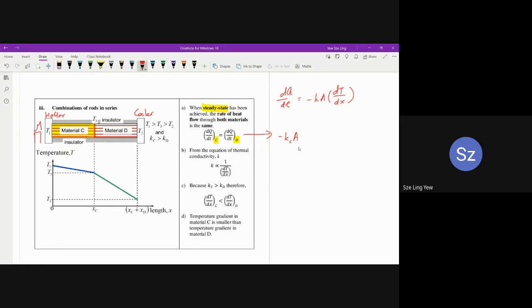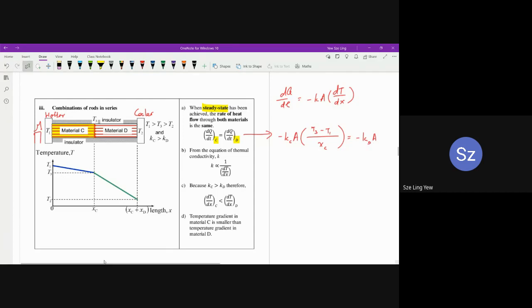Therefore, negative kC A, and then you put a bracket here. For dT, you want to look at T final and T initial, so you have to be extra careful. For material C, T final is actually T3, not T2. So T3 minus T1 divided by xC, equals negative kD A, the same cross-sectional area.